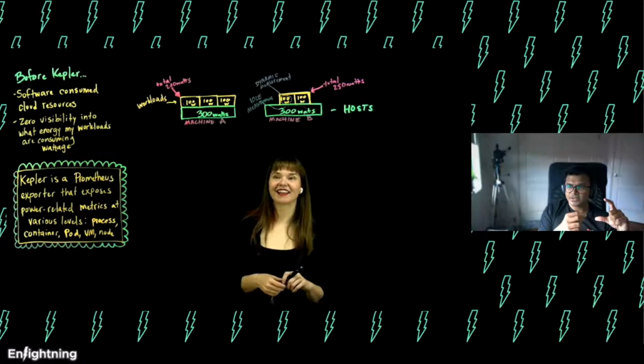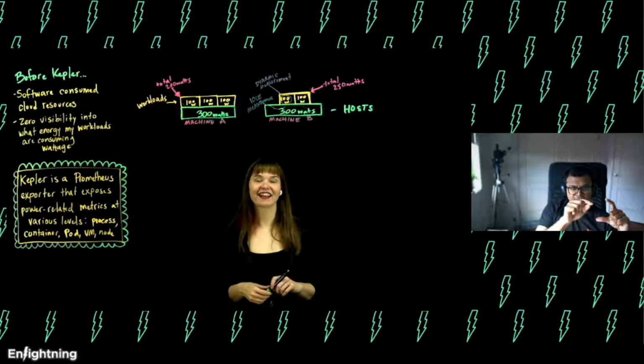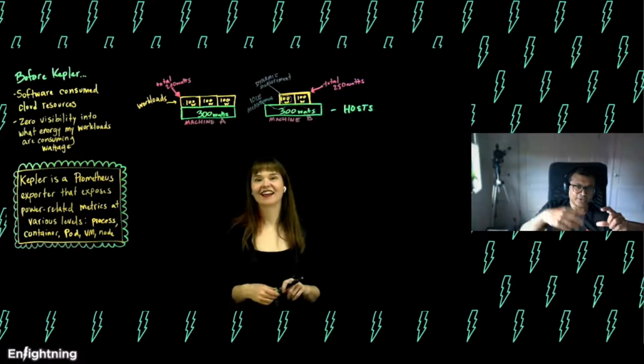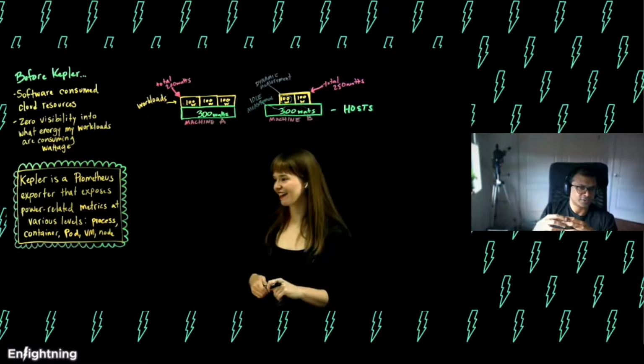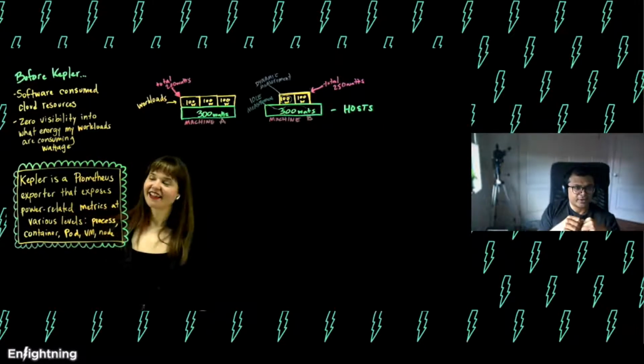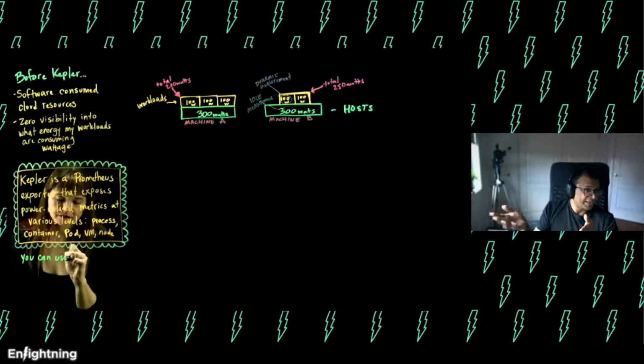It's pretty easy to write a scheduler which looks at the values exposed through Kepler and schedules your workload based on whatever logic you want to choose. So you can go more sustainable, or let's say there are some parts of the cluster that run on green energy, solar or whatever.